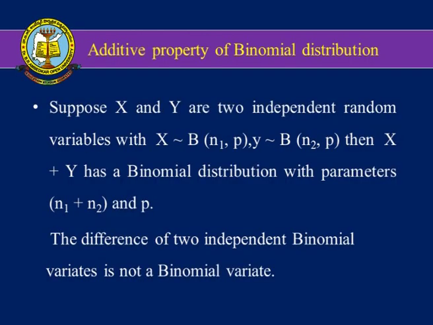Next is the additive property of binomial distribution. Suppose X and Y are two independent random variables, with X following binomial distribution B of n1 comma p and Y following B of n2 comma p. Additive means sum, so X plus Y follows a binomial distribution with parameters n1 plus n2 and p.